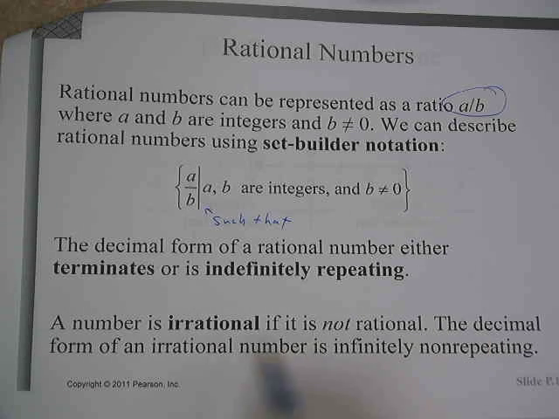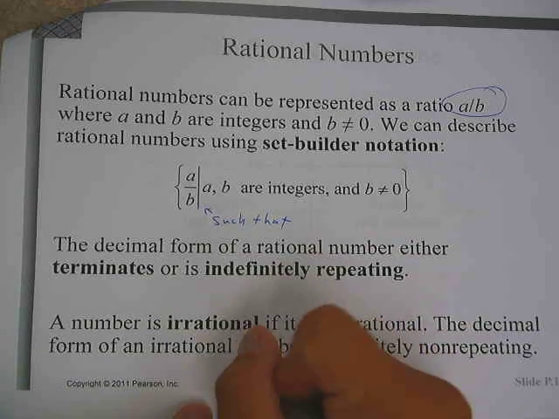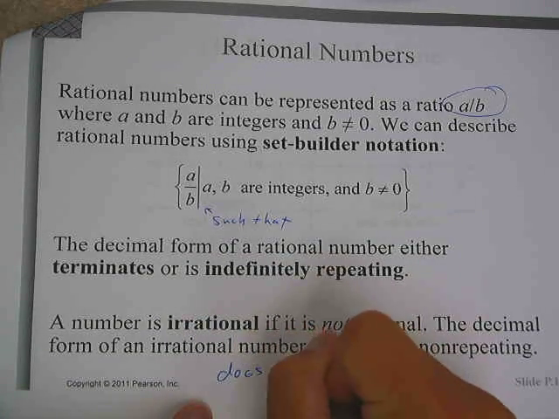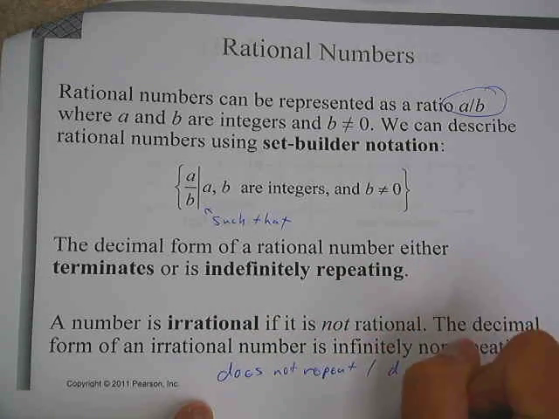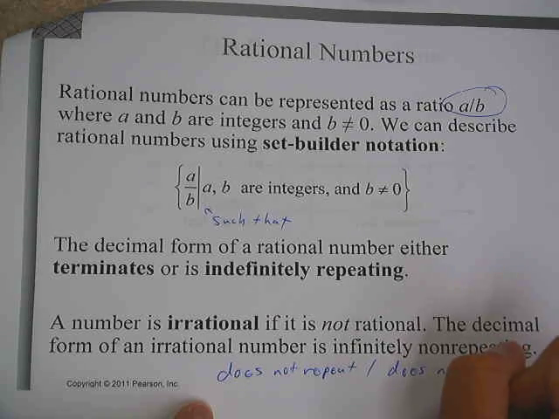If we have a number that can be written as a fraction, it's automatically rational. We can write it as a decimal by doing the division. But there are some numbers that are irrational, and ultimately the key is that the decimal form of an irrational number is infinitely non-repeating. So an irrational number does not repeat, and also does not terminate. You might want to add that too.